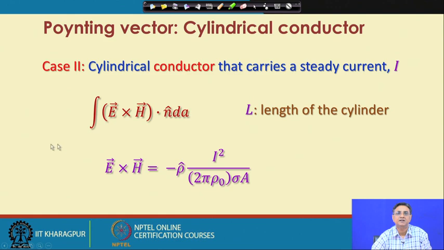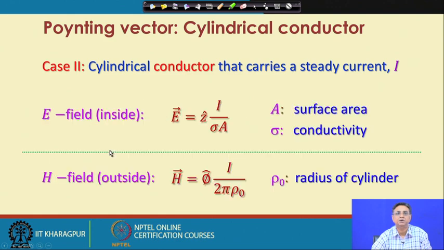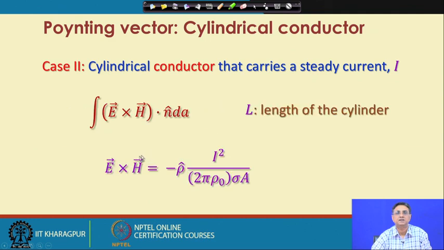If we put together E and H and take the cross product of these two quantities, then E cross H equals minus rho cap, the unit vector in the radius vector direction, into I squared by 2 pi rho sigma A. This is the value of the Poynting vector.